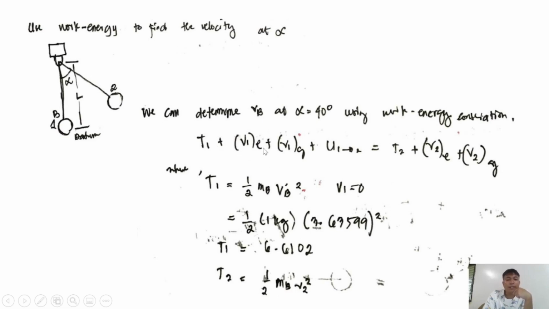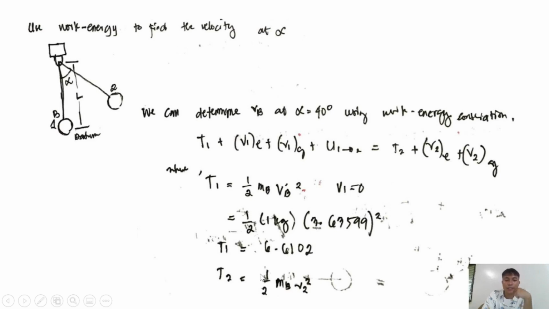T1 plus V1E plus V1G plus the work of force is equal to the kinetic energy at point 2, then V2E and V2G. So T1 is equal to 1/2 mb VB squared, where V1 here is equal to 0. 1/2 multiplied by 1 kilogram, then 3.63599 squared is equal to 6.6102, which is our kinetic energy at point 1.